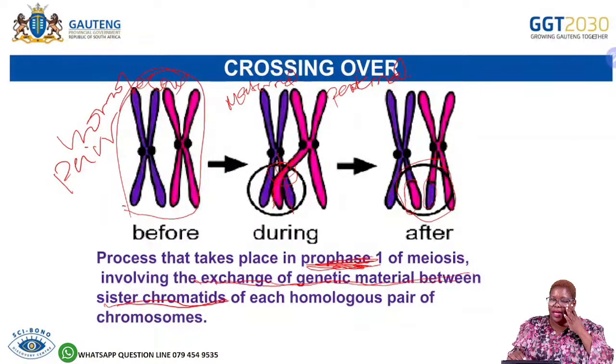This means that genetic material was exchanged between the two sister chromatids of what? Of each homologous chromosome. Now, if you check, I've been talking about homologous chromosomes, so don't just refer to them as chromosomes, because they are in pairs.